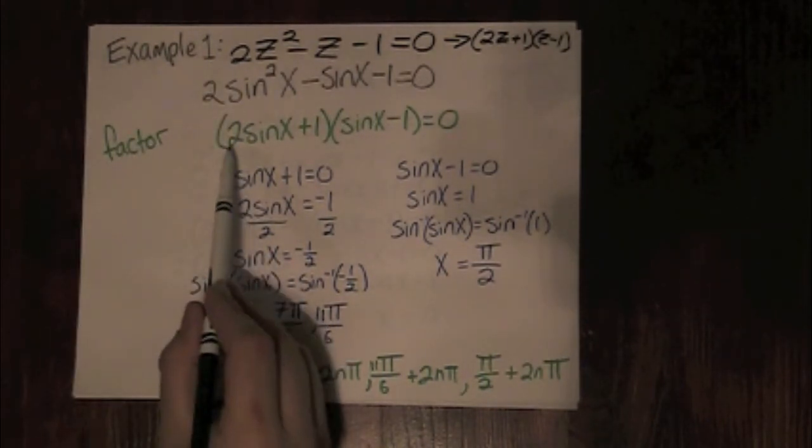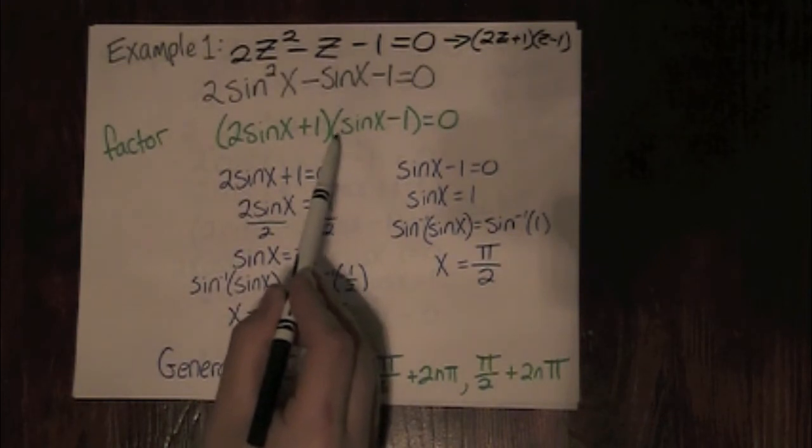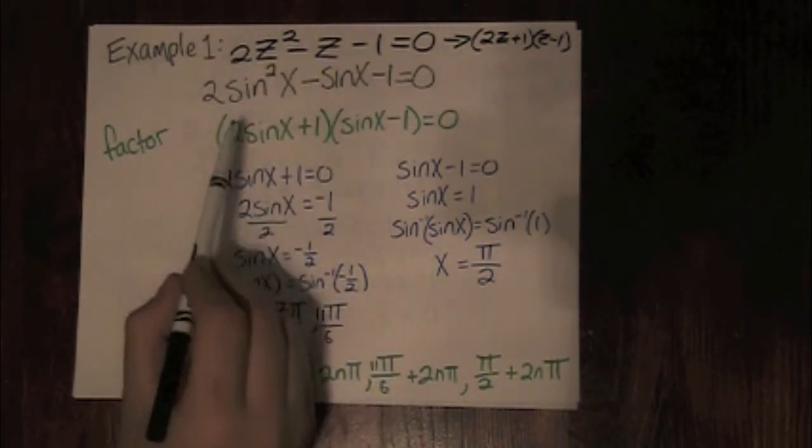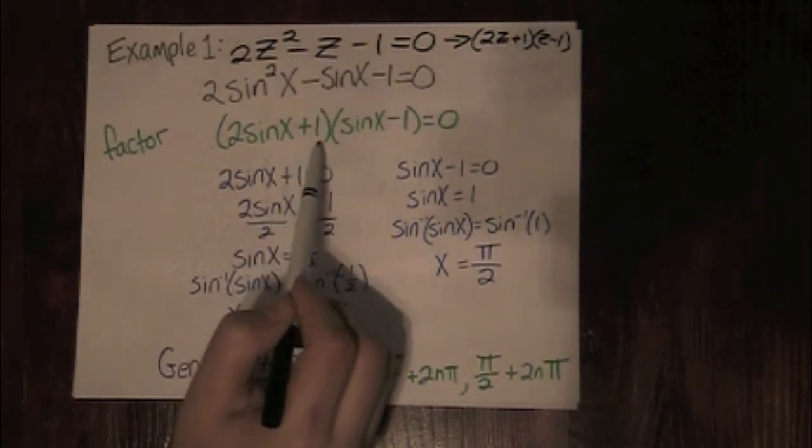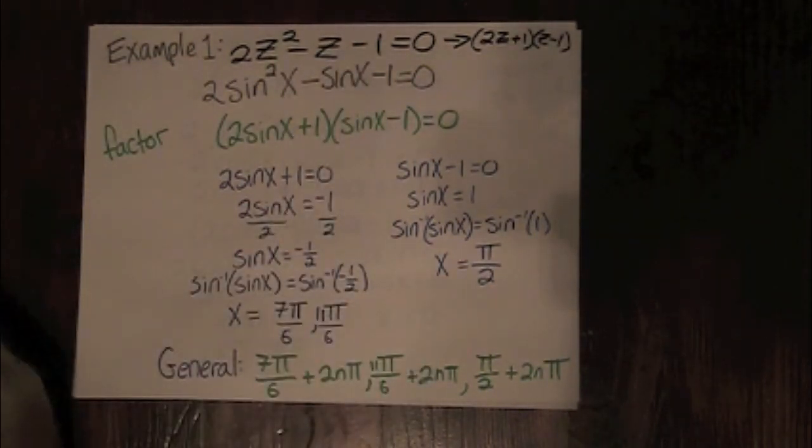It's only going to have factors of 2 and 1. Once you get those in place, you can try other values for the second term in each binomial and come to a solution pretty quickly.